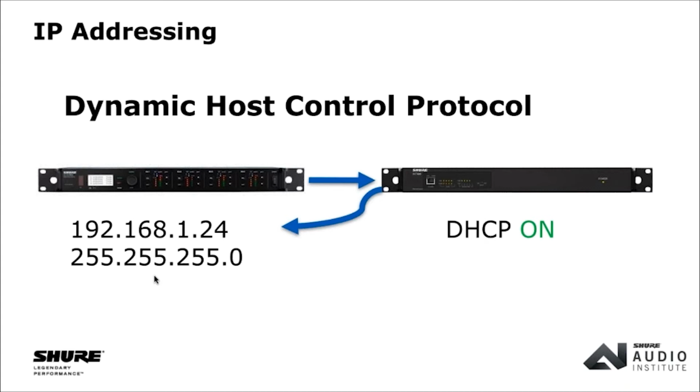And more often than not, the default subnet mask is going to be 255.255.255.0. So that means this DHCP server has 254 possible IP addresses that it could send out, right? So for a small network, a basic DHCP server like this works great, and it's easy, particularly for those of us who may not have very high-end networking skills, to just get a bunch of devices talking to each other.